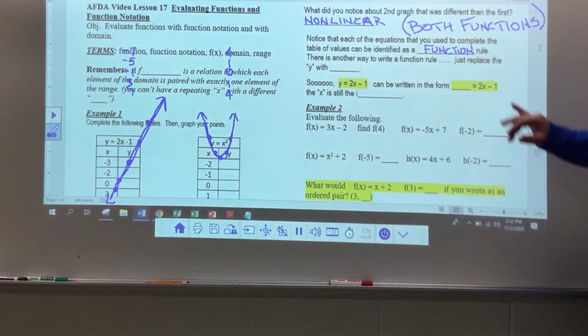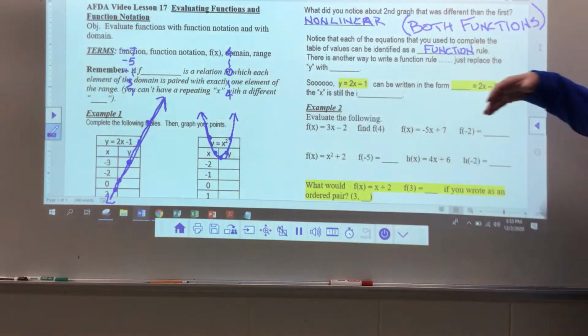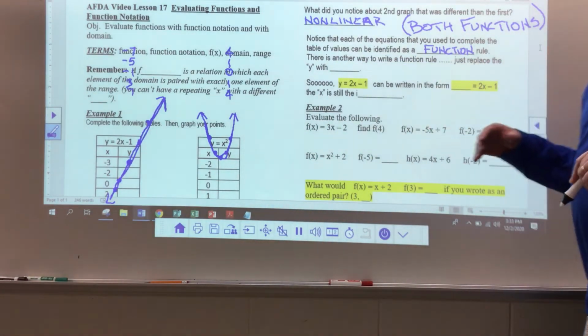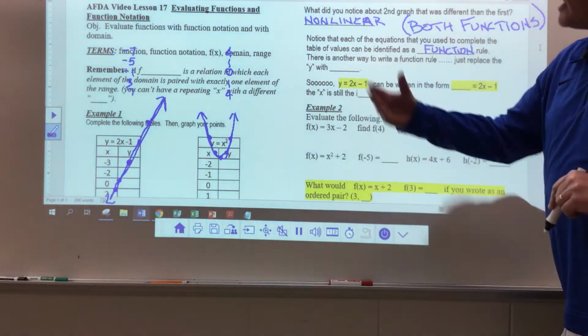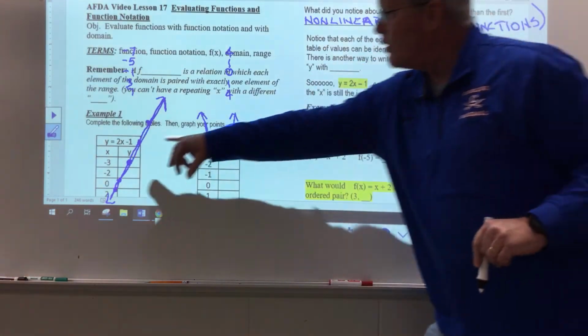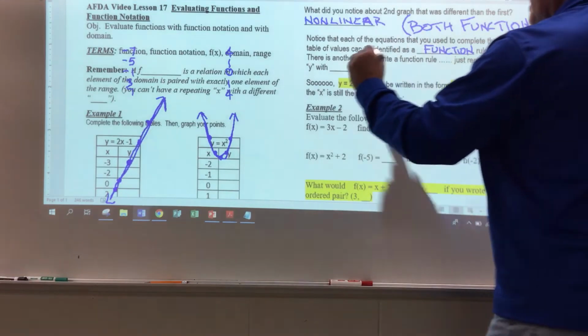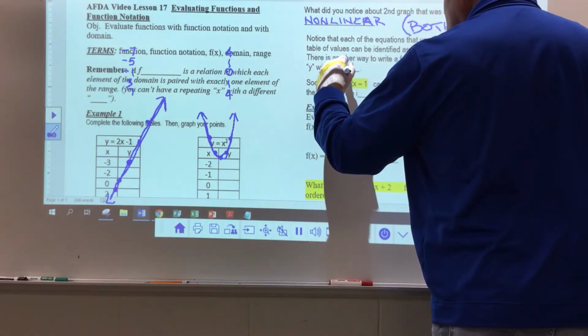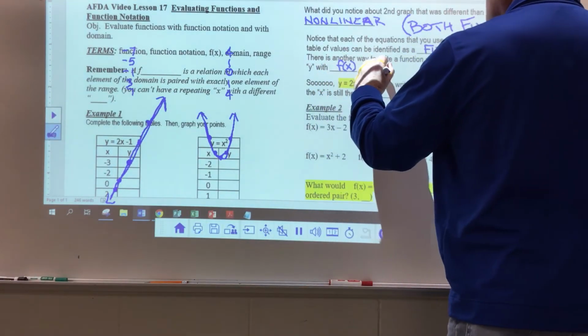There's another way, though, that we can write a function rule, and write something as a function. All we have to do is replace those y's with something called f of x.